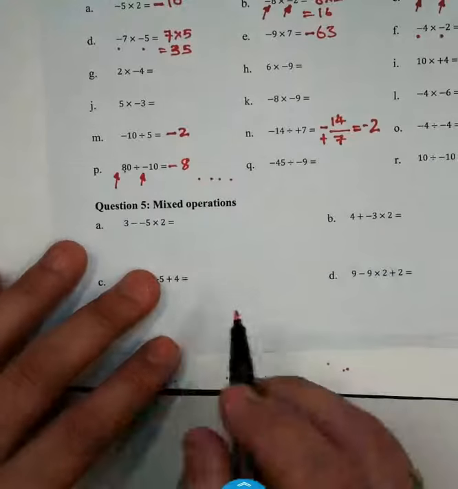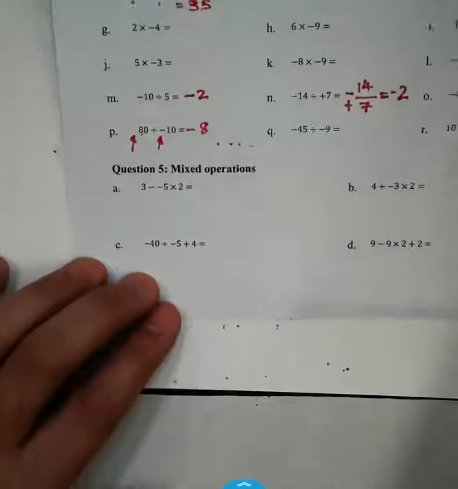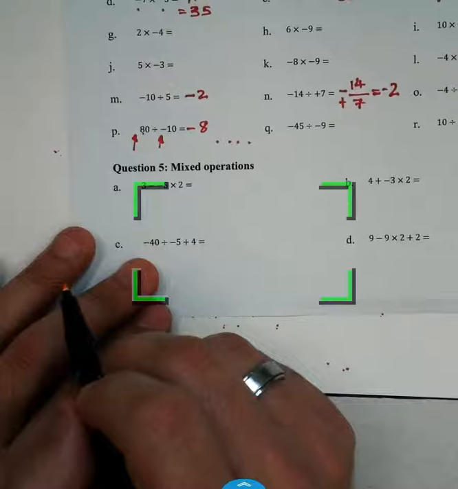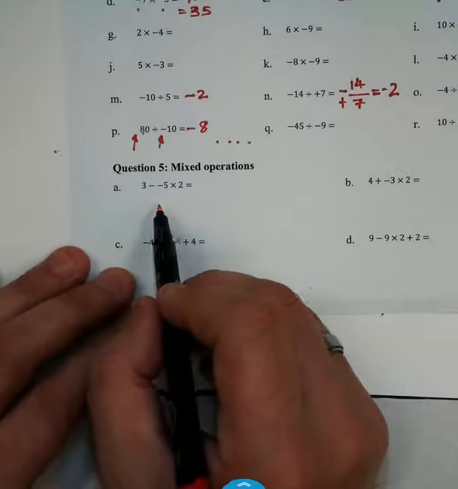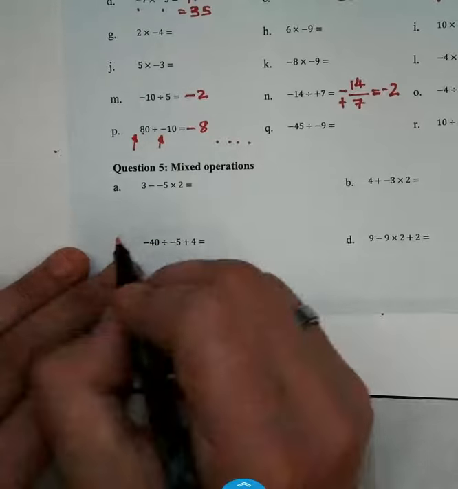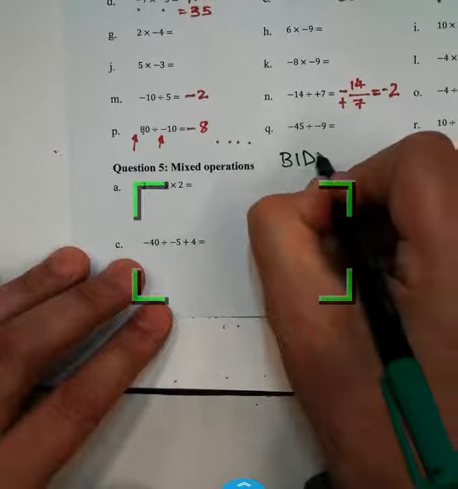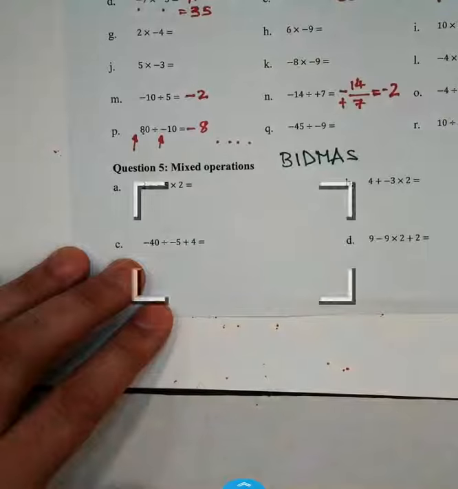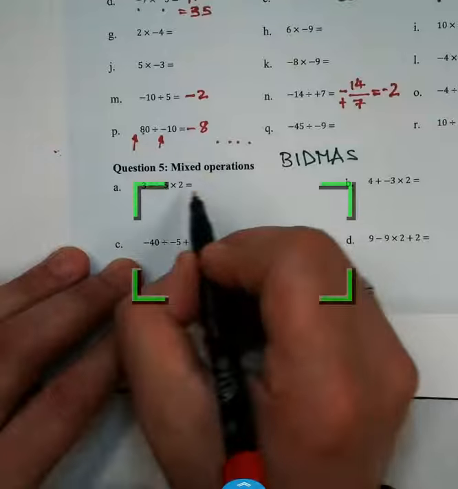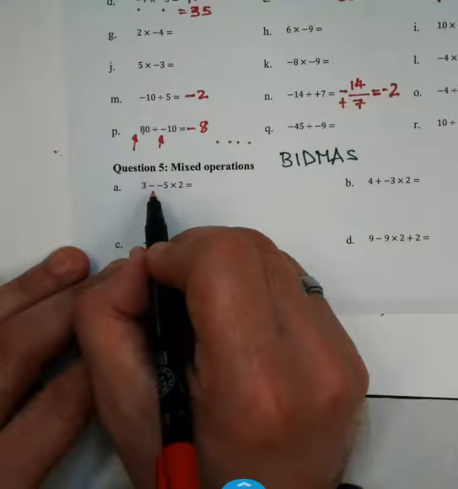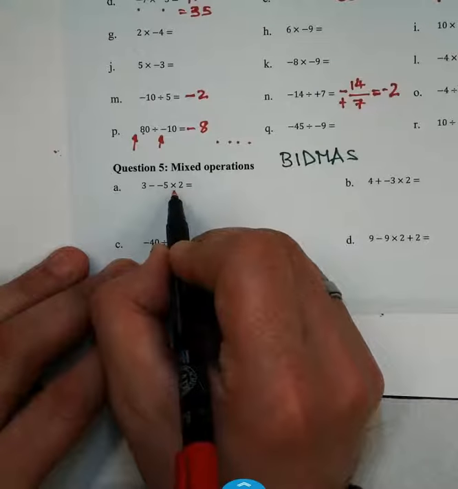Okay. I want to move on to mixed numbers now. With mixed numbers, you just need to make sure that you use BIDMAS. So let's write BIDMAS here. Okay, so in the first question, we have no brackets, no indices, no division, multiplication we have.